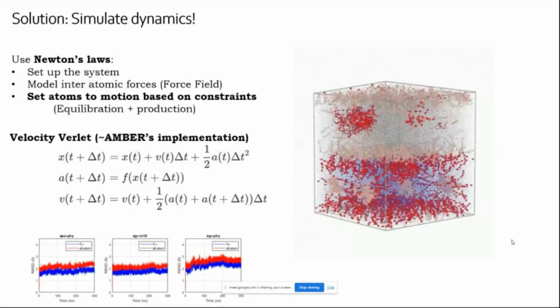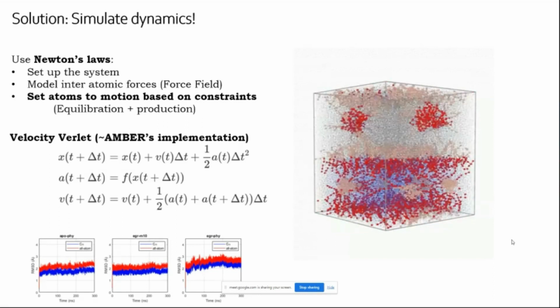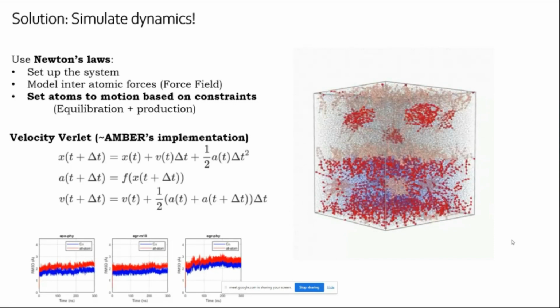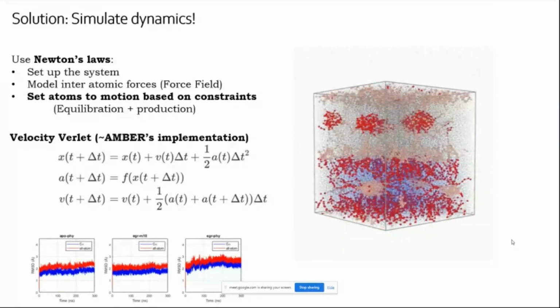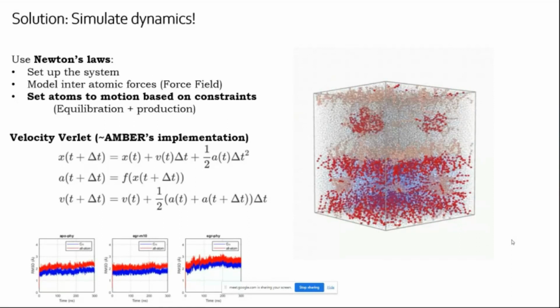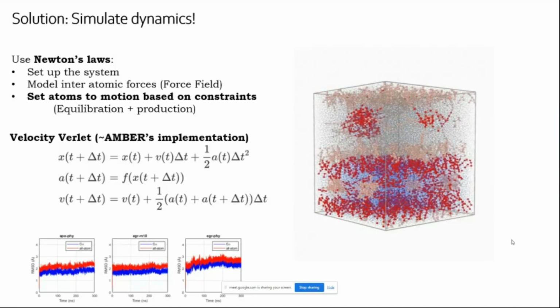So you know the positions at time 0, and you want to find the new position of every atom. This we do for every atom after delta t. And using that, you can find the acceleration at the time step t plus delta t. Using position and acceleration, we can find the new velocity.